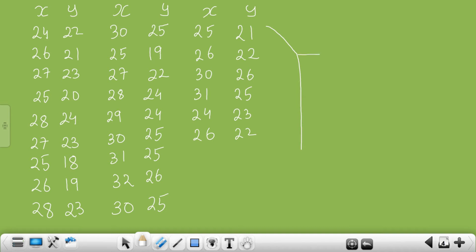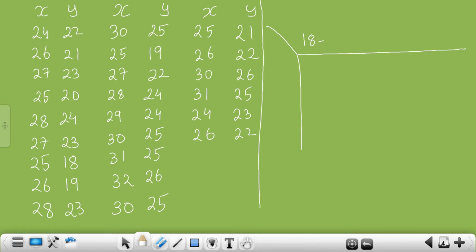Right, so we draw a table like this, which is representing both the class intervals. On the vertical side, you can take the class intervals for x, and for the horizontal line you can take the class intervals of y. You can decide accordingly what you wish to take, but it's always suggested that you keep it x and y.